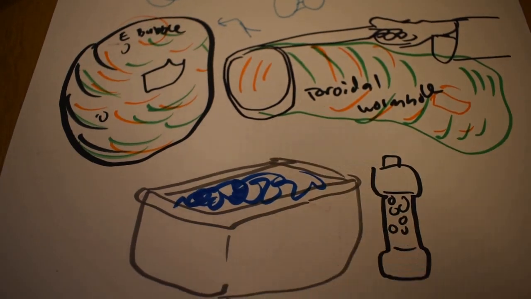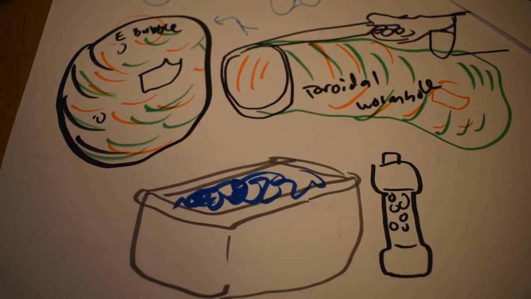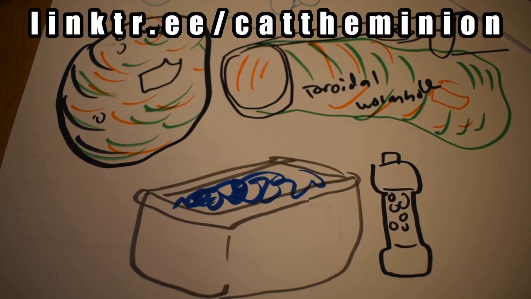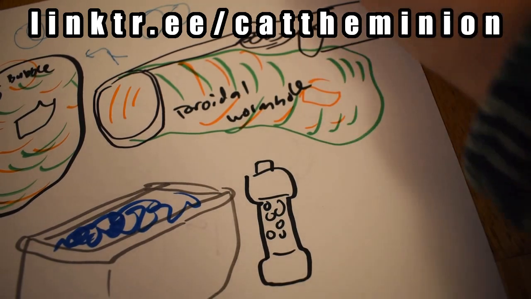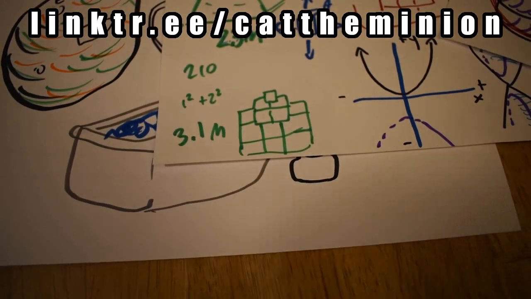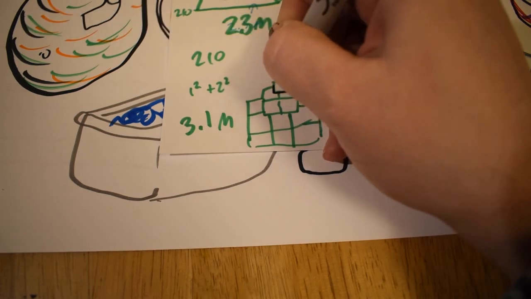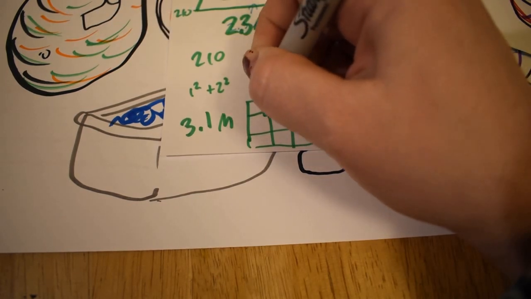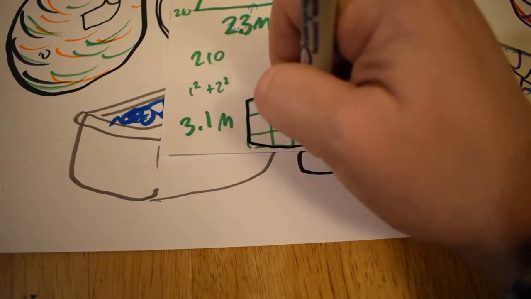I don't think I forgot anything on my notes. Let me just double check that. The only thing that I missed was that when you're coming down from the top of these pyramids, you do like a spiral. Like that.